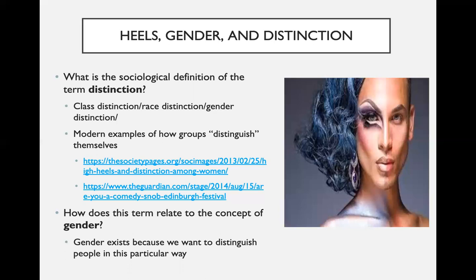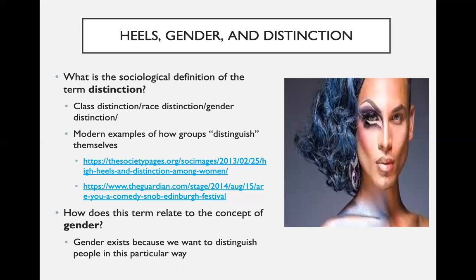But for some characteristics, skin color being one, we have, as a society, made the decision to say, oh, we think that these differences are significant, and we distinguish one another on the basis of it.